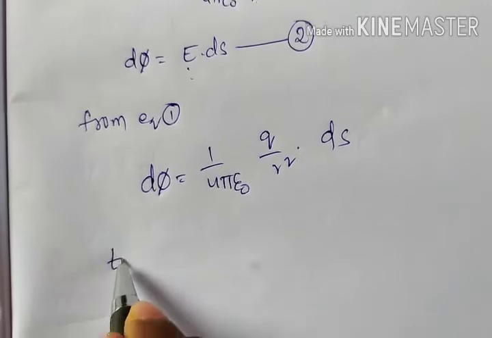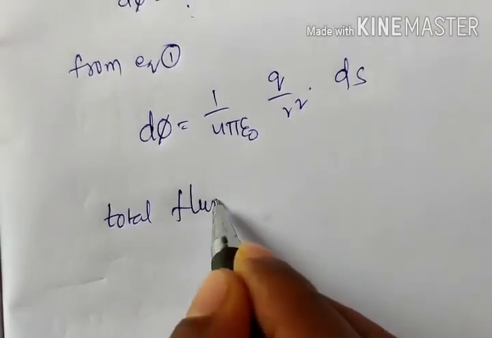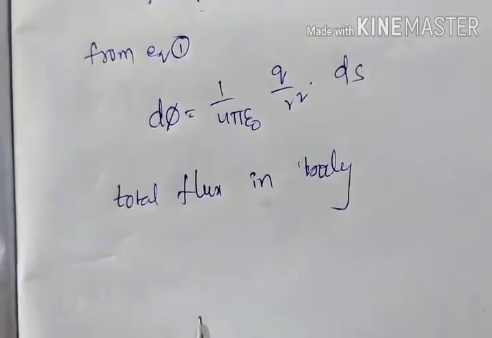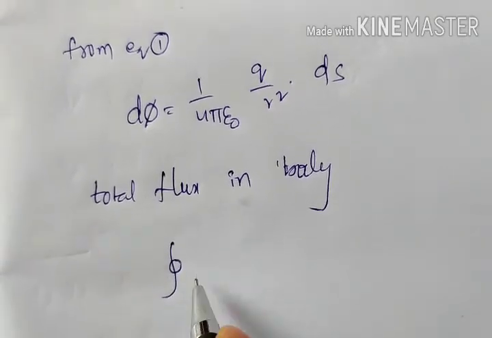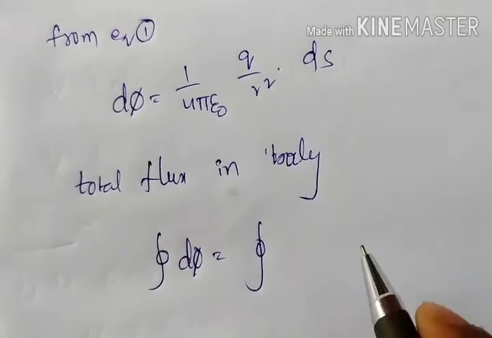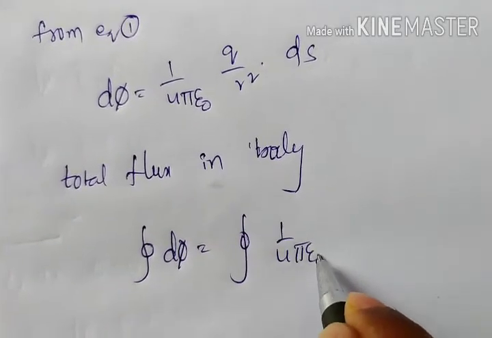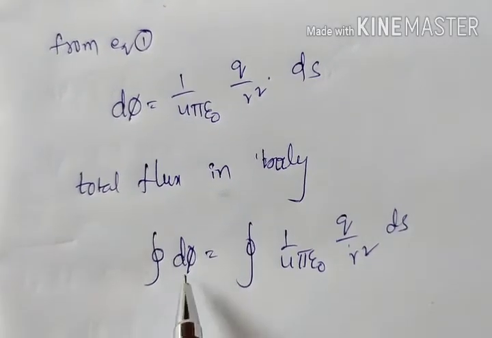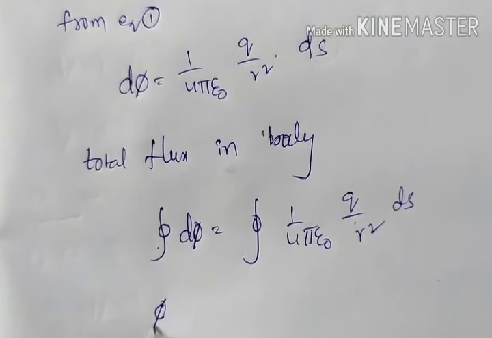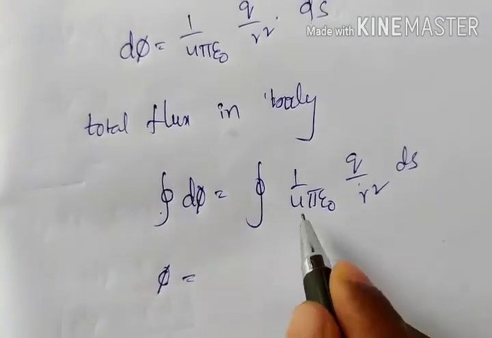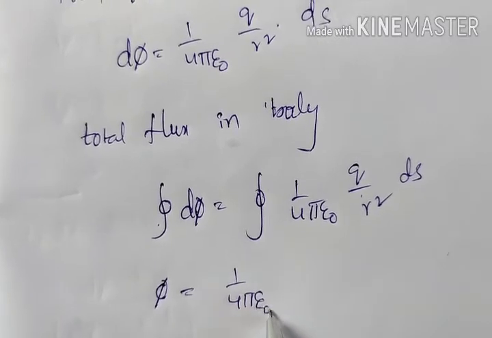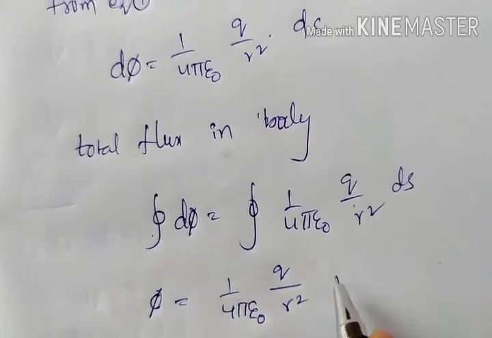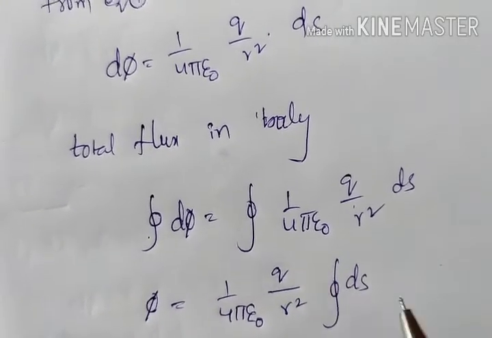Now what is the total flux in the body? We have to do surface integration: the integral of d phi is equal to the surface integral of 1 by 4 pi epsilon naught q by r square into ds. So the total flux phi is equal to 1 by 4 pi epsilon naught, which is constant and comes outside, and q is also constant, and r square is also constant, times the integral of ds.